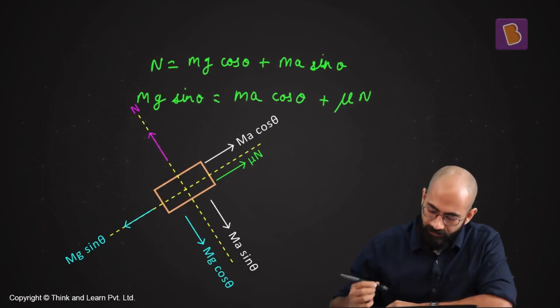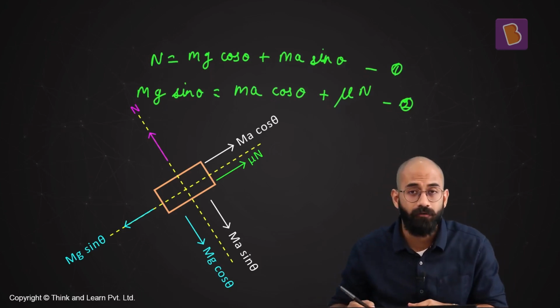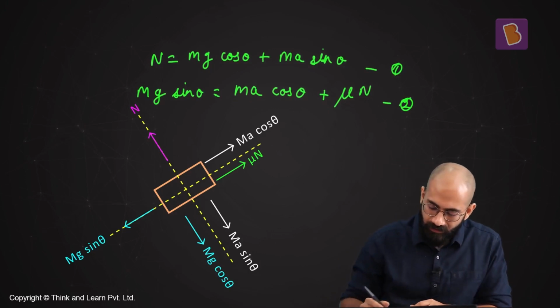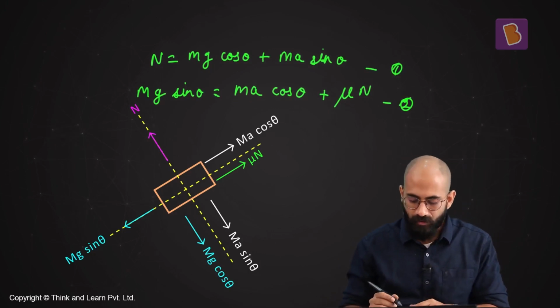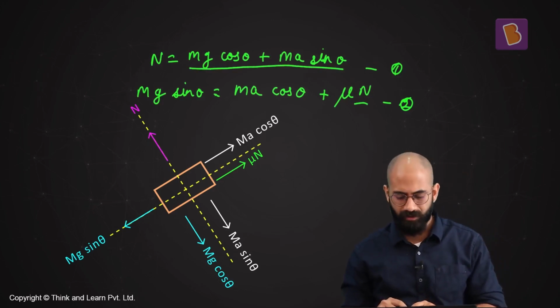Okay. So now that we have these two equations, let's call them 1 and 2. Now, how do we move forward from here? Well, what are the things that we don't know? Now, obviously, in this first equation, N is equal to this, which means that we can substitute this N value in the second equation over here.